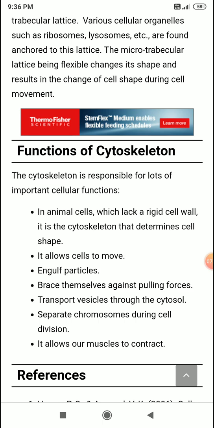It allows the cell to move, engulf particles, and brace itself against pulling forces. It transports vesicles through the cytosol, separates chromosomes during cell division, and allows our muscles to contract.